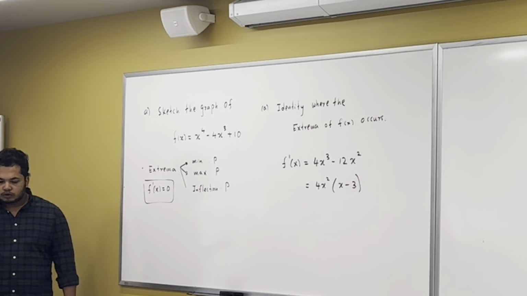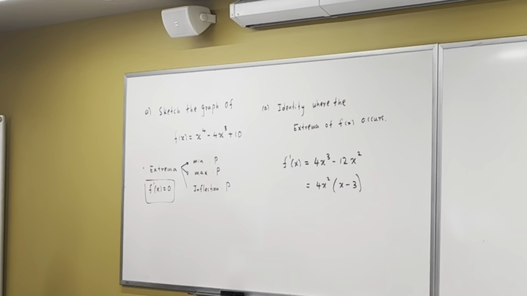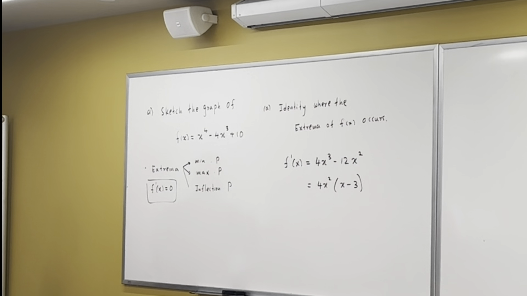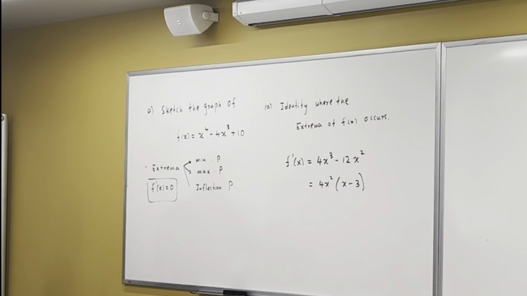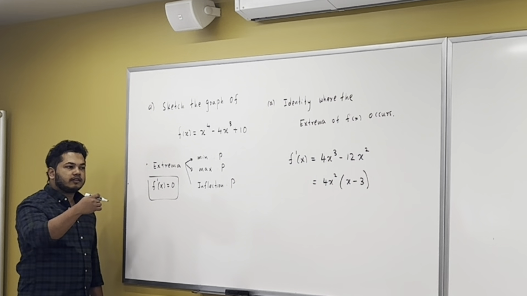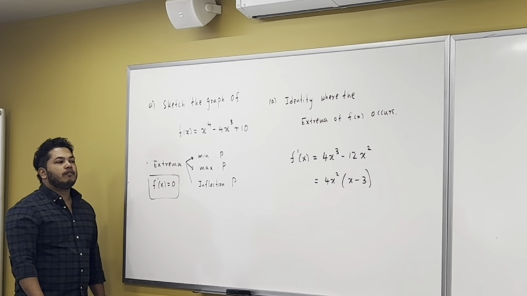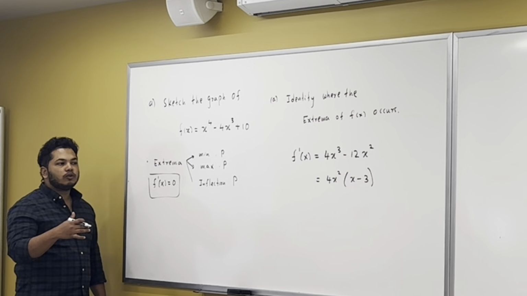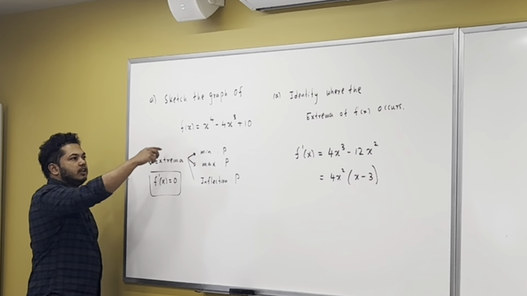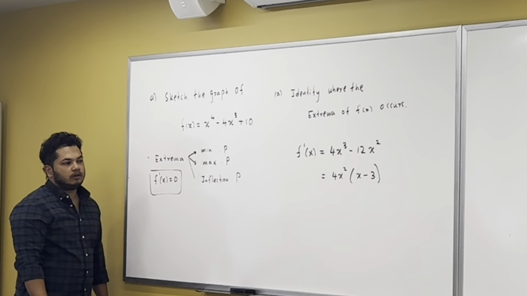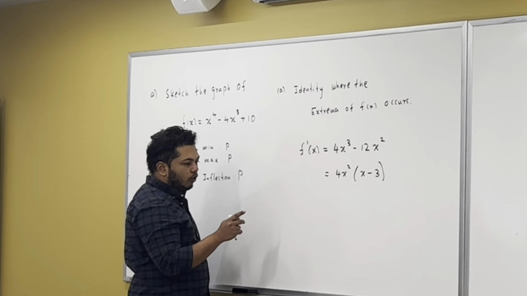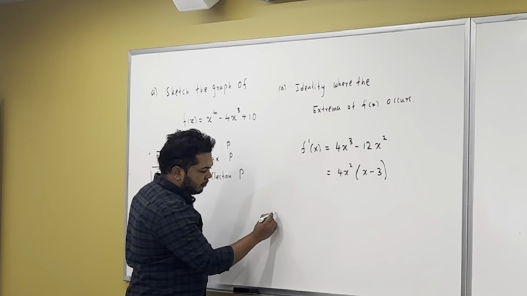Because the next step, you have to understand where the function increases and decreases. You not only need extrema, but also the sign, plus or minus, of your first derivative, because it tells you whether the original function increases or decreases in a given interval. So maybe I make a line.